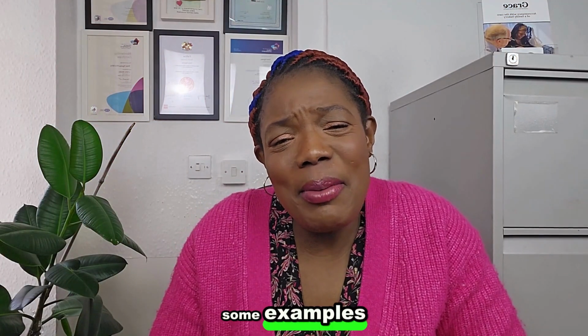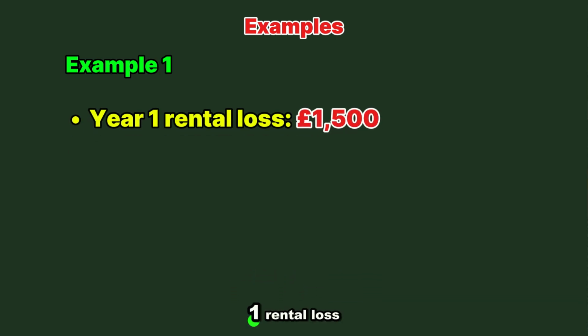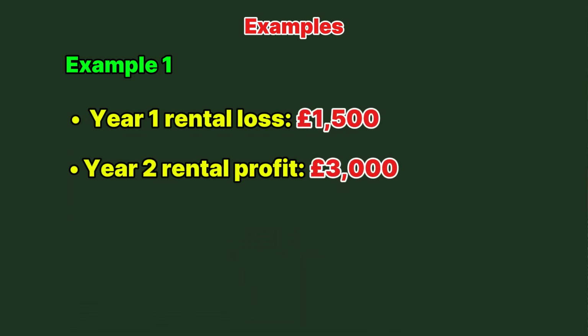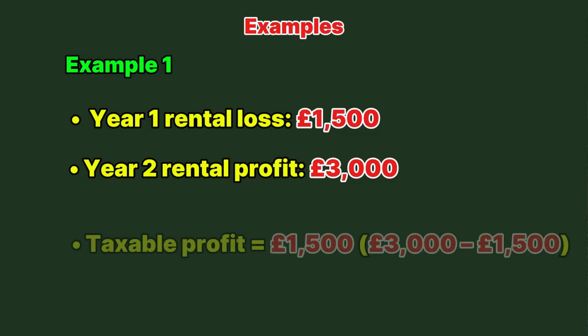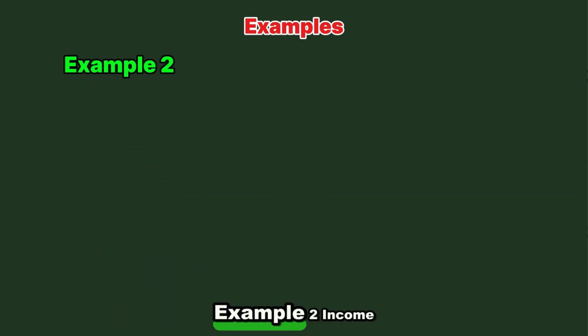Let's look at some examples. Example 1. Year 1, rental loss, £1,500. Year 2, rental profit, £3,000. Taxable profit, £1,500. That is £3,000 from year 2 less £1,500 from year 1. Example 2.